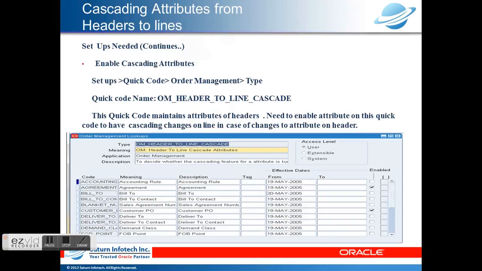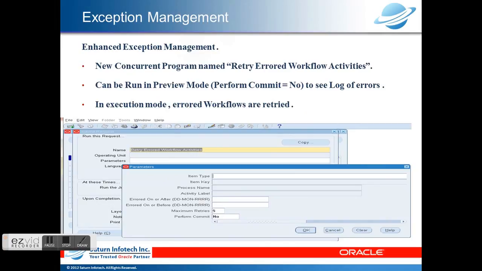If we do not enable these attributes or field values, then if those get changed on the sales order form, the cascading will not happen to the line level. Because this setup is needed, we enable these fields so that the cascading feature will understand that if these fields are getting changed, then it should do a cascading. So these are important setups to achieve this functionality.